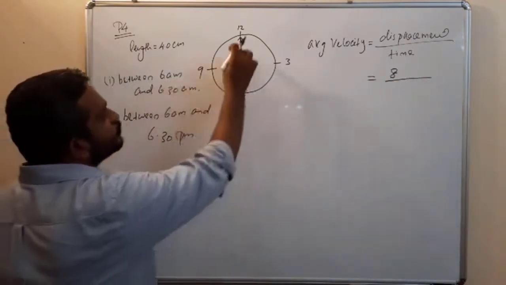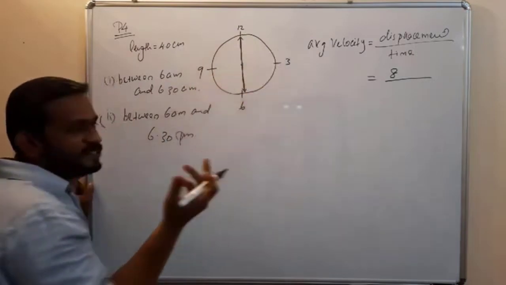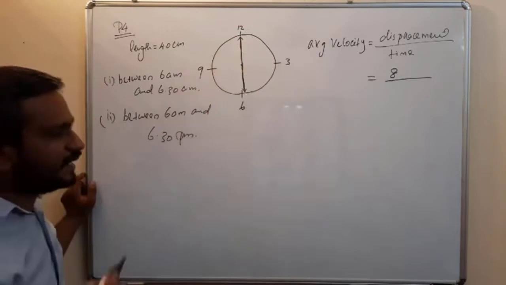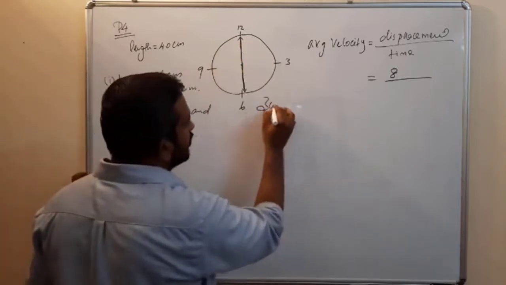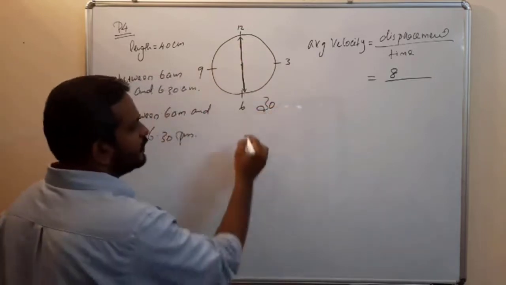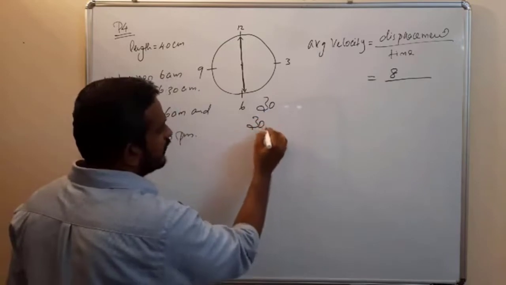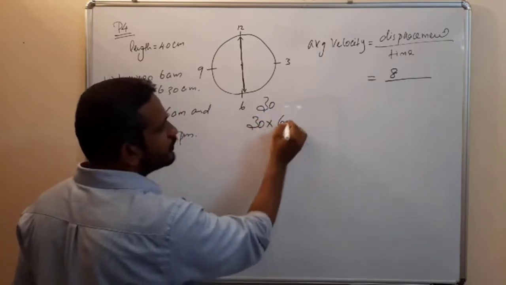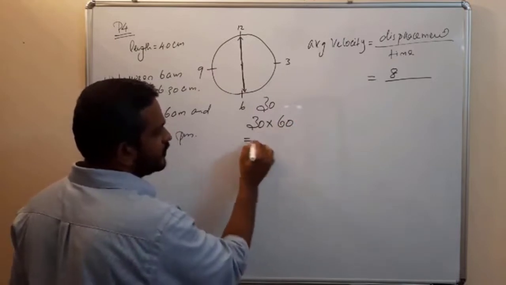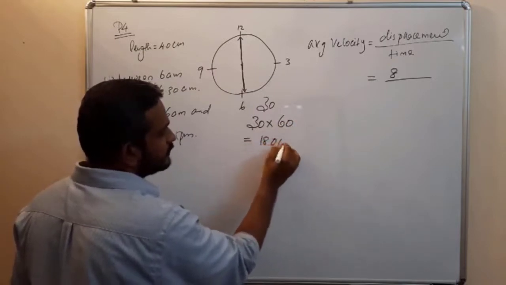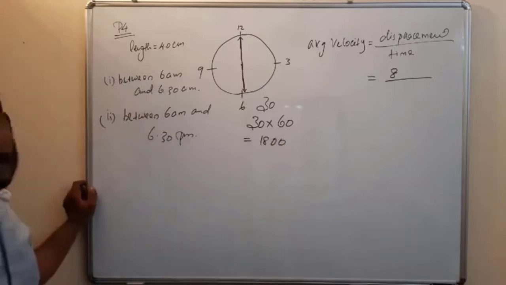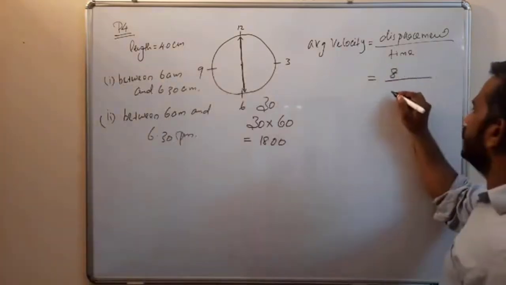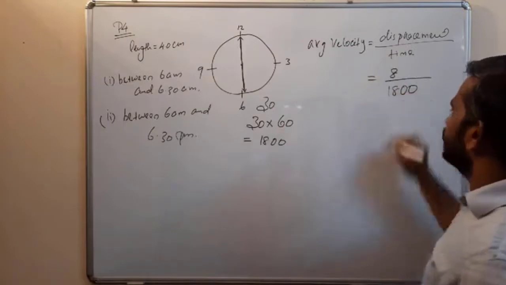So 6 a.m. to 6:30 a.m. means the time taken to reach from here to here is 30 minutes. We have to convert it into seconds. So 30 into 60 is 1,800. So 8 divided by 1,800.